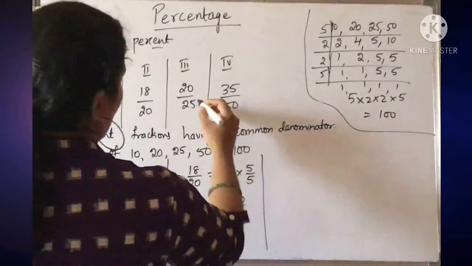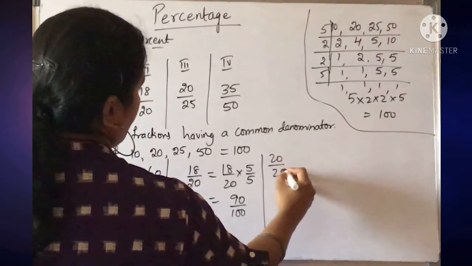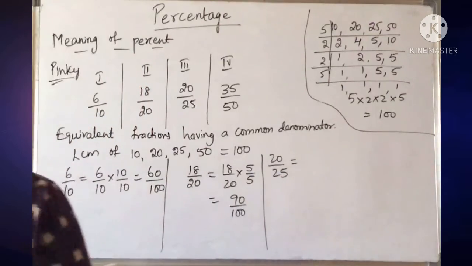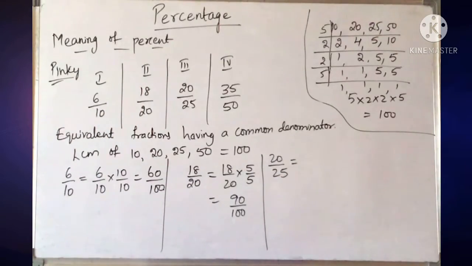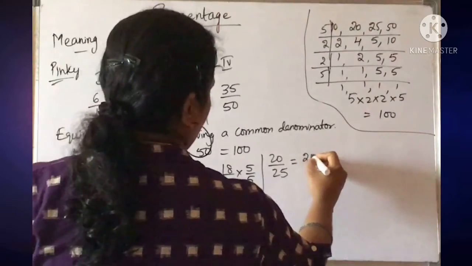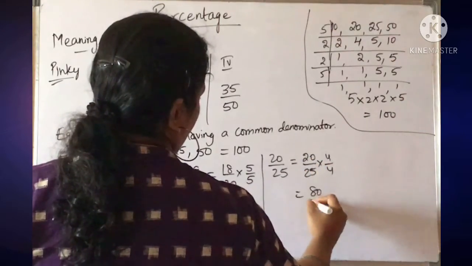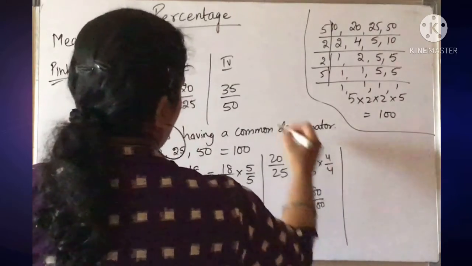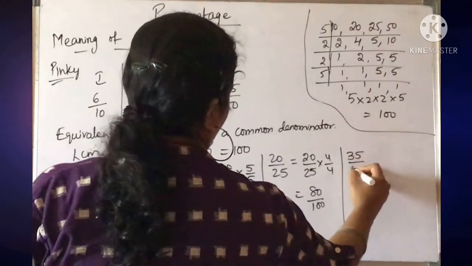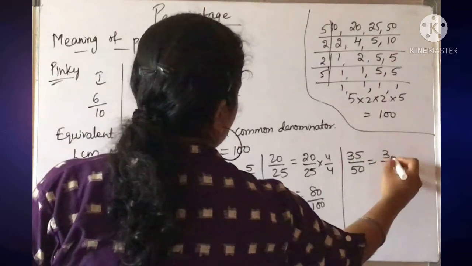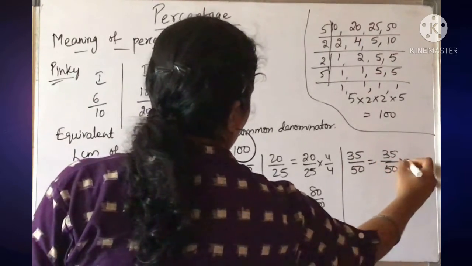Right? Next one is 20 by 25. The denominator is 25. How much should we multiply 25 by to get 100? 4. So 20 by 25 into 4 by 4 is 80 by 100. The last mark is 35 by 50. For 50, how much should we multiply to get 100? 2.